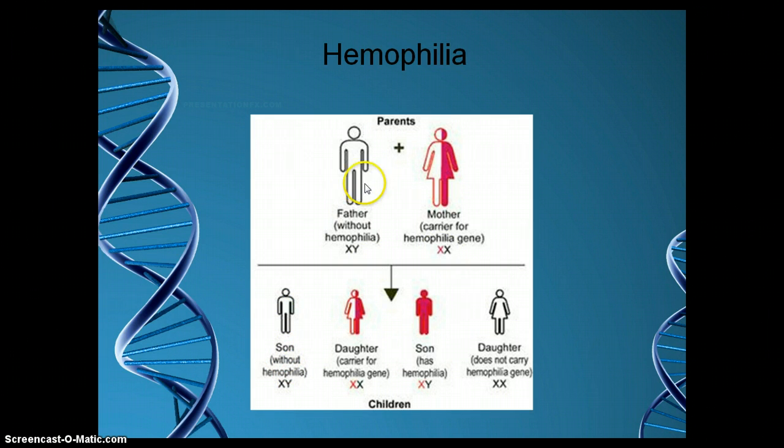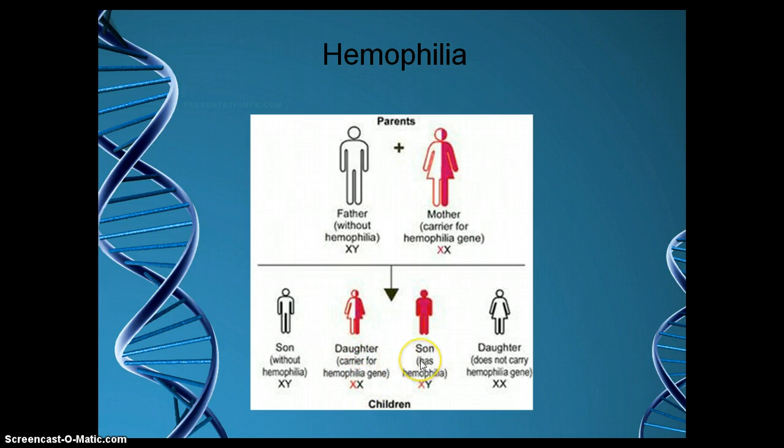Down here, when these two parents mate, you'll see that when this Y and this normal X come together to make the male, you have one son without it. And you have a daughter who gets an X from dad and the affected mutated hemophilia gene from mom. You have a daughter who's a carrier.